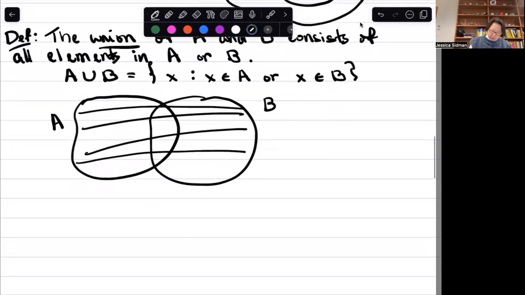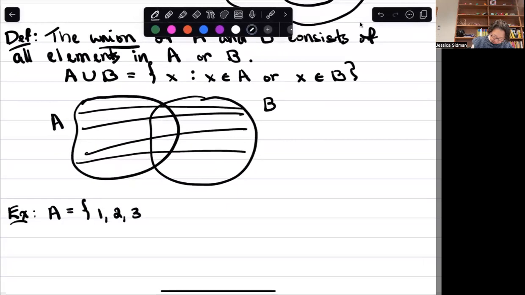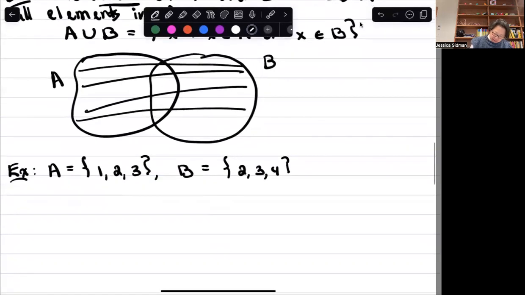Okay, so for example, if A is the set {1, 2, 3}, and B is the set {2, 3, 4}, then when I look at their union, I get the things that are in A or B. So I'll get 1, 2, 3, and 4.